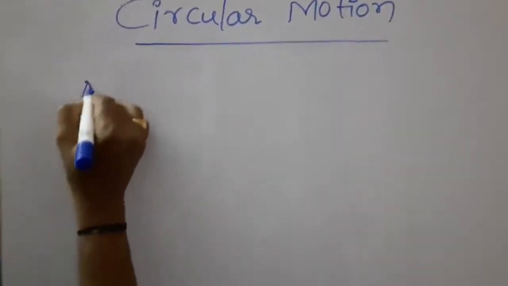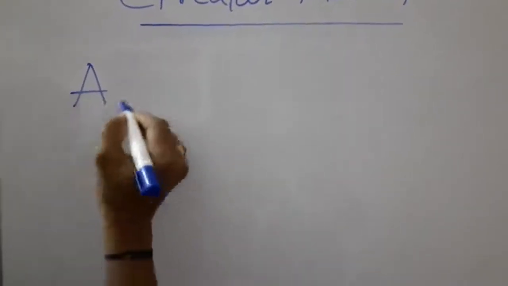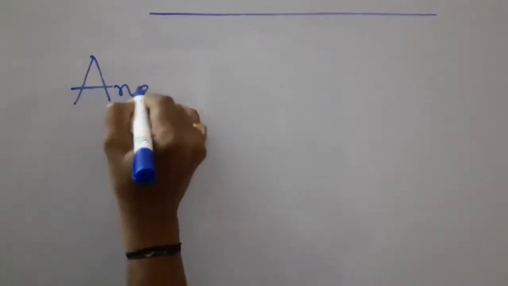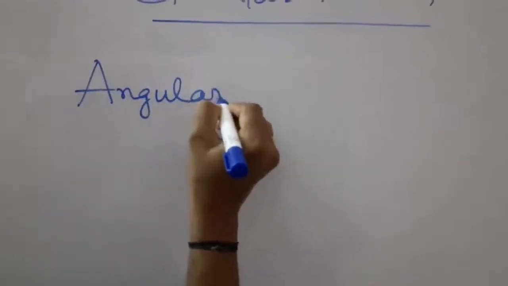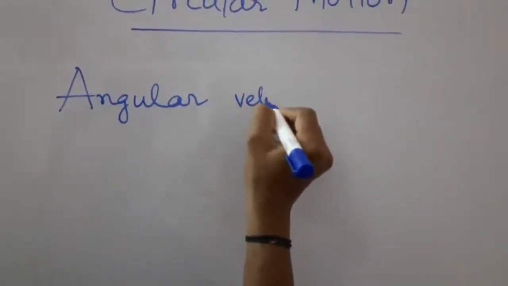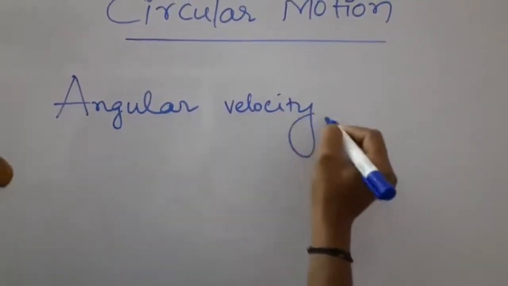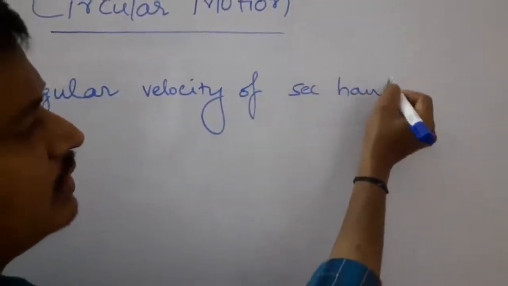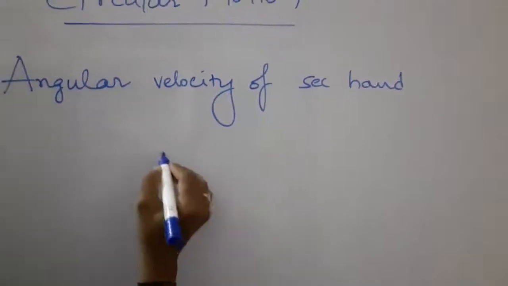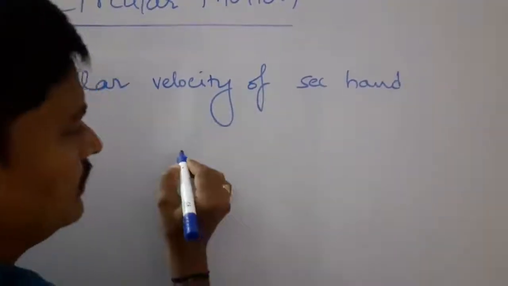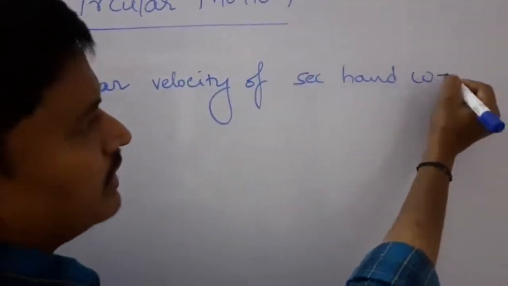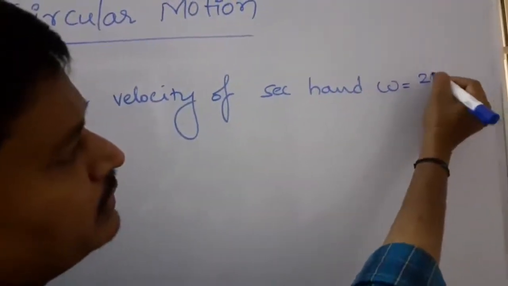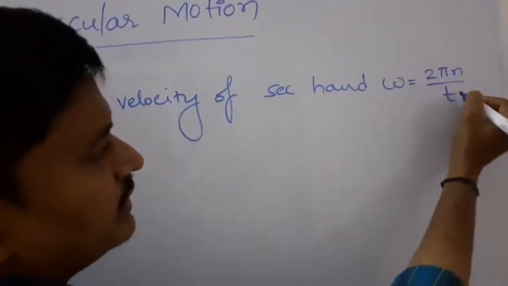Next, angular acceleration. Before that, the angular velocity or angular speed of the seconds hand is equal to 2 pi into n divided by t.